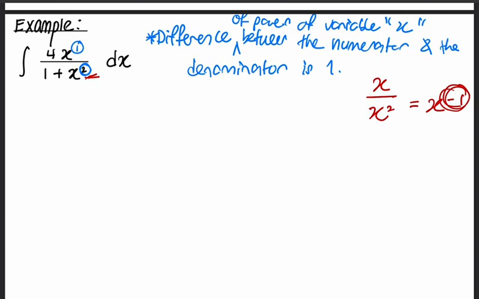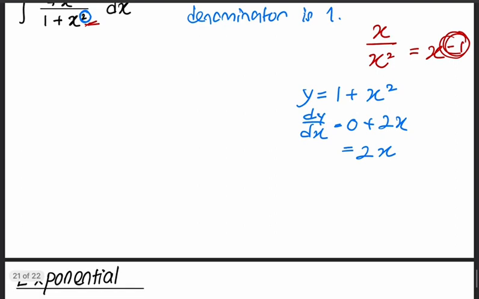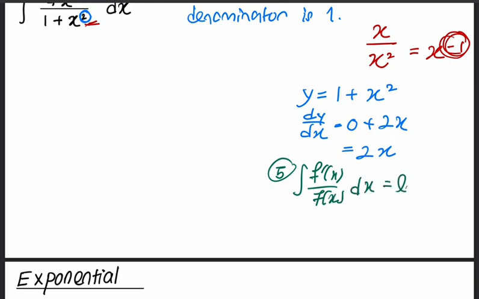If I were you, I would just write y equals 1 plus x squared, and try to differentiate it. dy/dx, here we get 0, and here 2x, and you get 2x, right? So what you need to think about is formula 5. You need to memorize that f prime x over f x dx is equivalent to ln f x plus c, right?